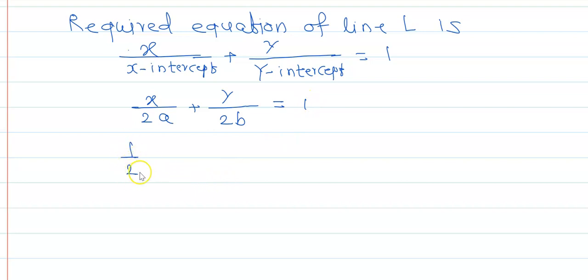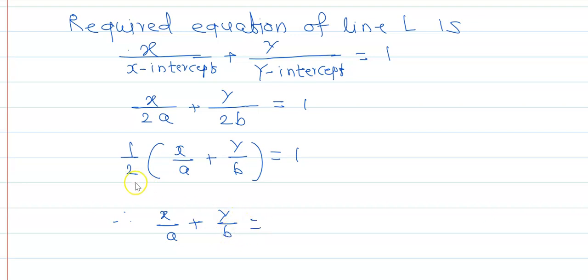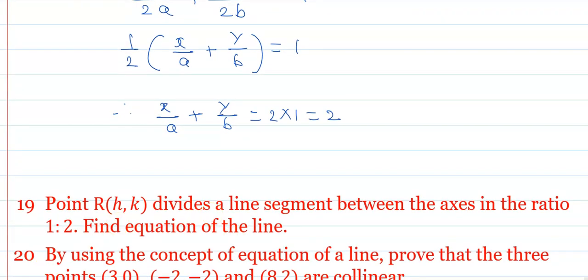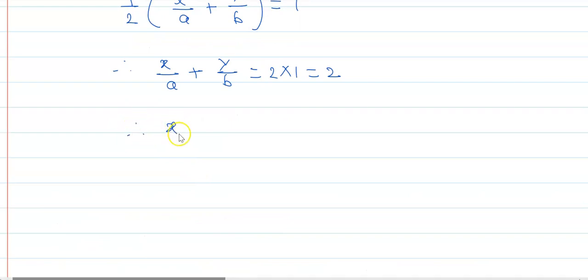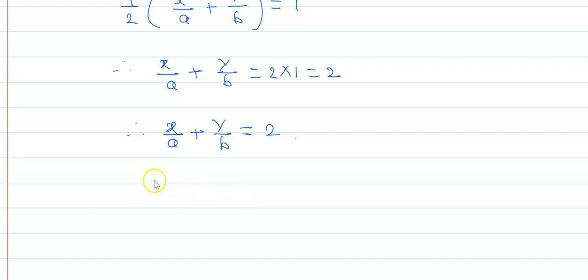Take 1 upon 2 as common, then here you will get x upon a plus y upon b is equal to 1 times 2, that is equal to 2, and therefore x upon a plus y upon b is equal to 2. This is the required equation.